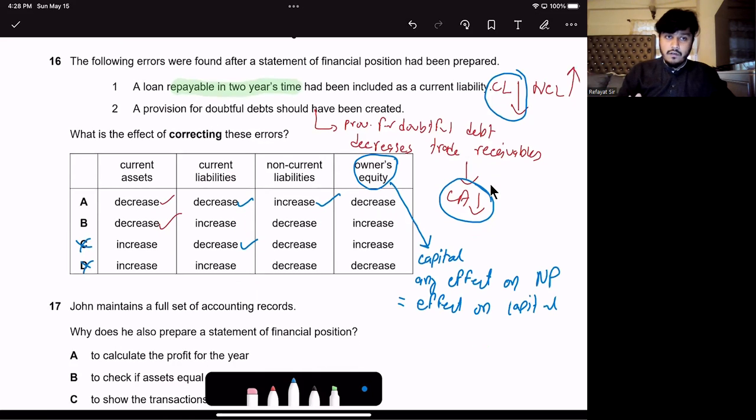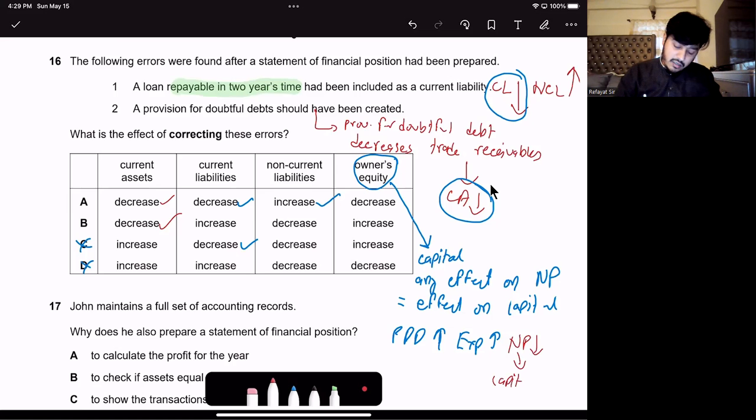When provision for doubtful debt is created or increases, expense increases. When expense increases, net profit decreases. If net profit decreases, always remember capital or equity will also decrease.